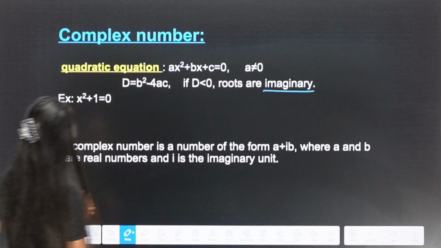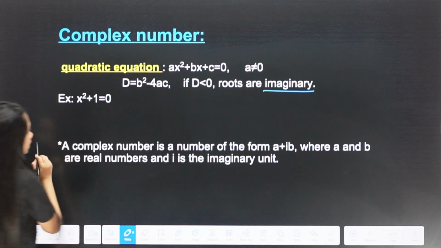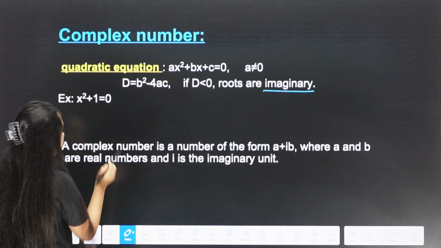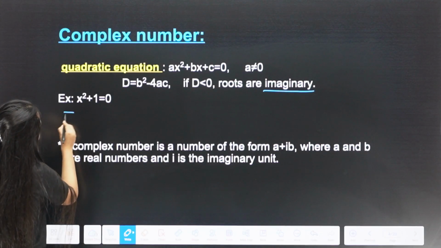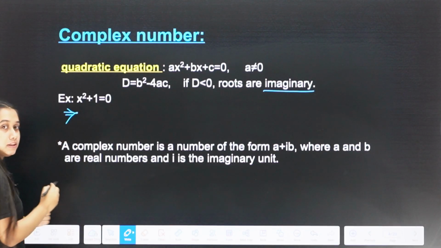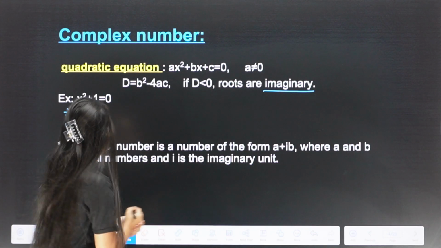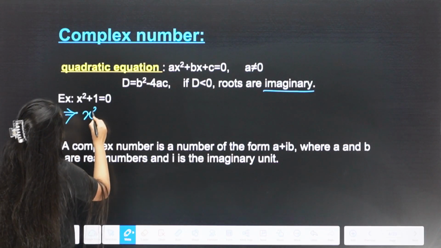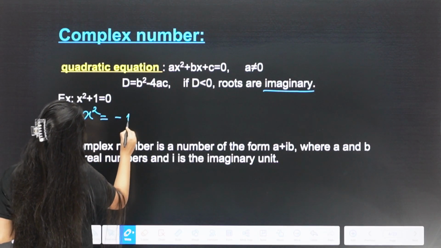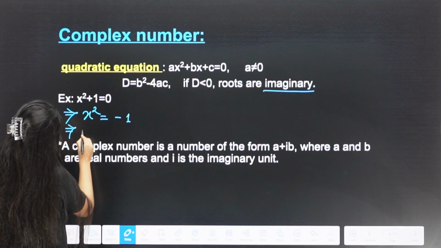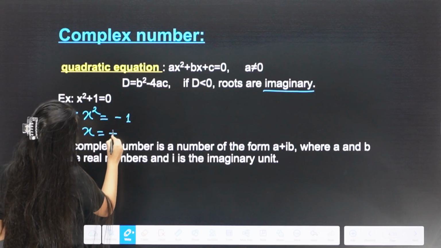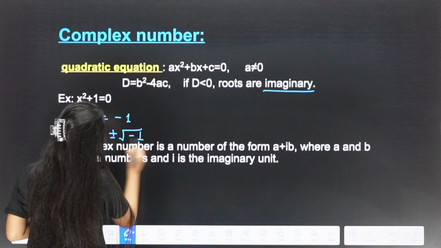For example, let us take x square plus 1 equal to 0. If we simplify it, what will be the value of x? x square equal to minus 1, that is, x is plus minus root minus 1.